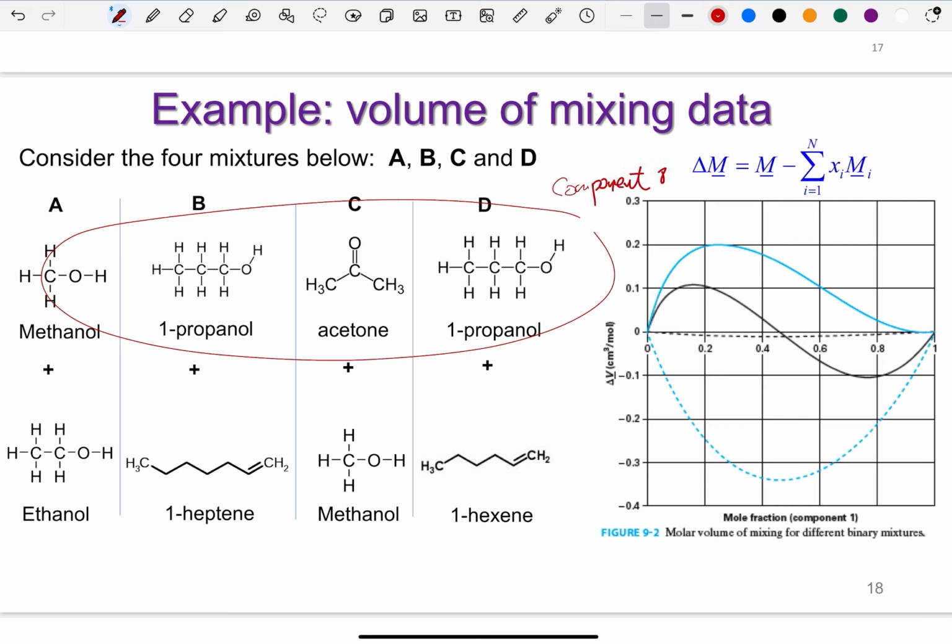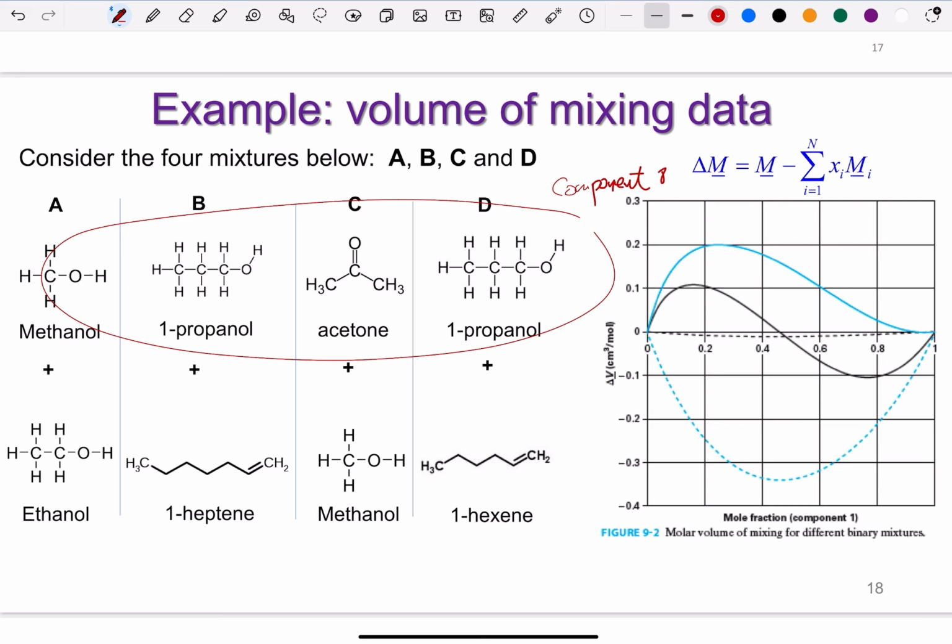in each mixture, okay? So can you tell me which one is that dashed black line close to 0? We have 4 options, mixtures A, B, C, D. Which one do you think will have almost 0 delta V of mix, meaning that volume is not changing upon mixing?